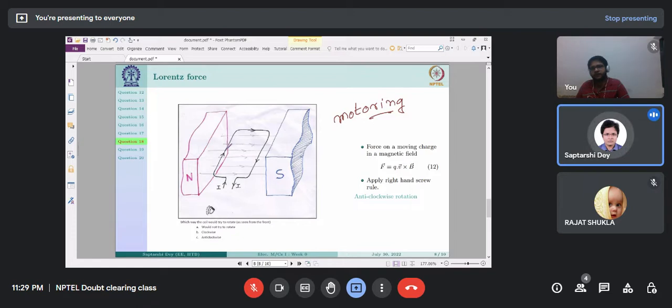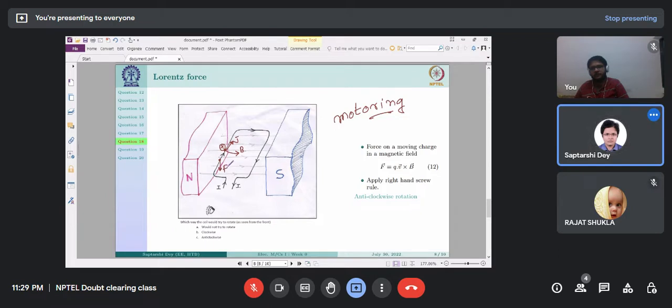Alright. So again, let us consider a charged particle here. So it is moving in this direction. So V is in this direction, B is in this direction, and if I curl my hand, I push it towards V and then curl toward B, I get a downward force on this conductor.